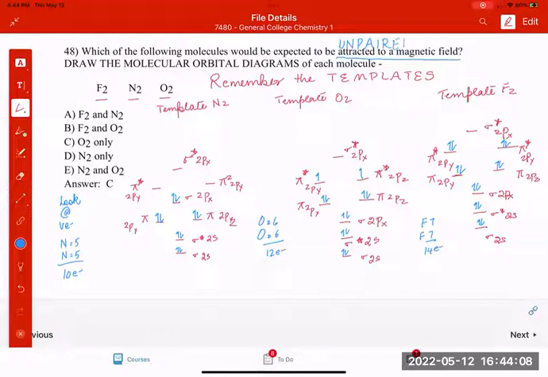Unpaired electrons. In other words, paramagnetic. So now tell me which ones? Which one? Oxygen. So oxygen is the only one that is paramagnetic. So this one would be attracted to the magnetic field. Nitrogen and fluorine will not, because all the electrons are paired.